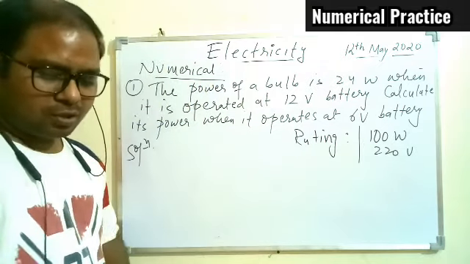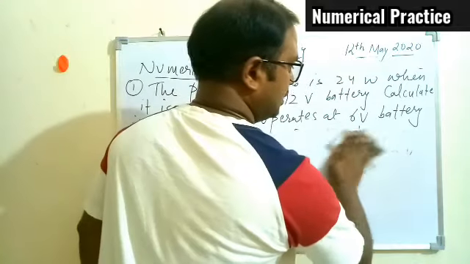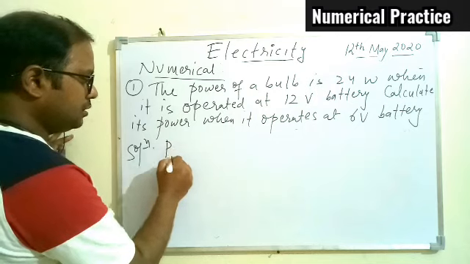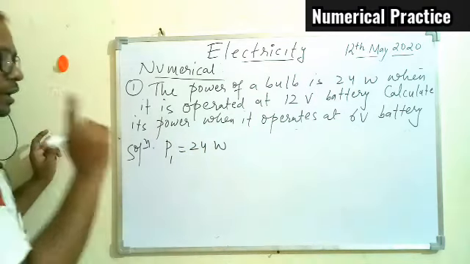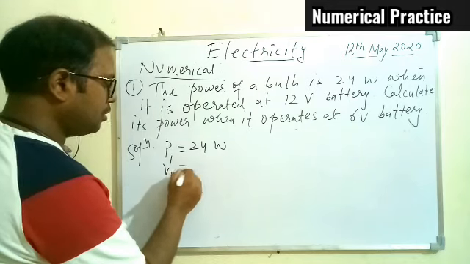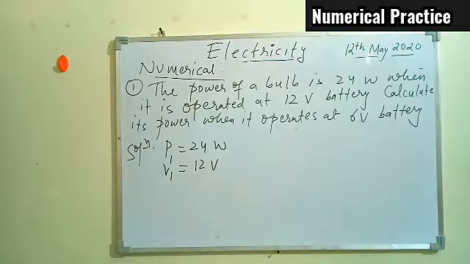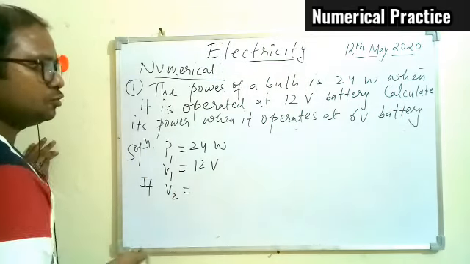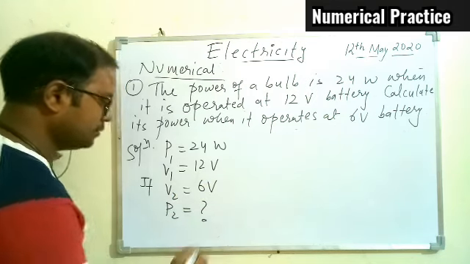So based on this we have the concept, and the question given to you is: the power of the bulb P1 is 24 watt, when the power supply is 12 volt. So if the power supply, that is V2, becomes 6 volt, what will be the new power to be calculated?